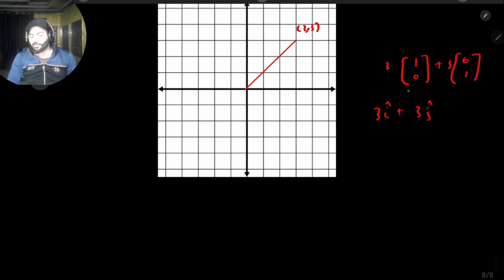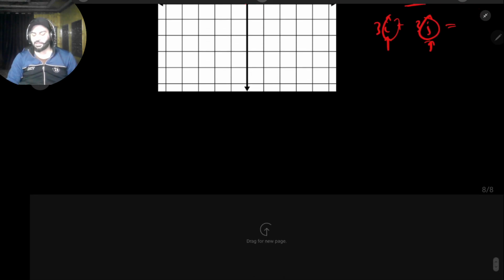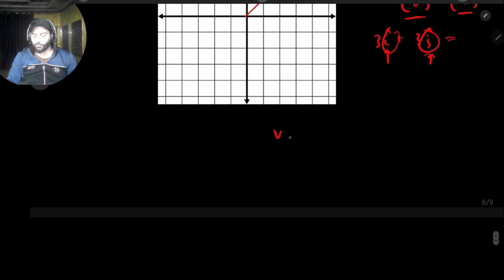So I'm combining these two vectors, i cap and j cap, linearly in some combination to get this vector 3 comma 3. Let's suppose I do not have these bases i cap and j cap. I have some other vectors, v2 and v2 dash.